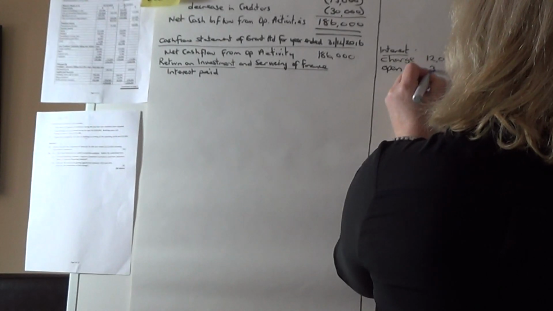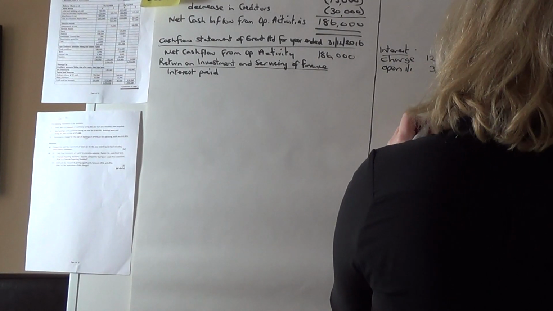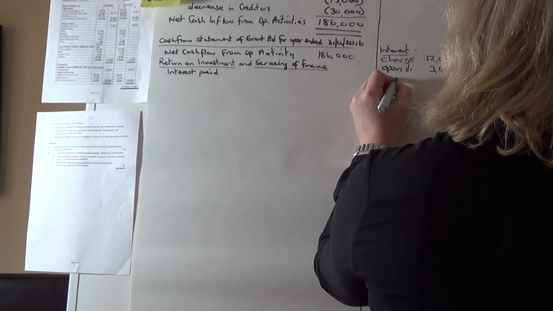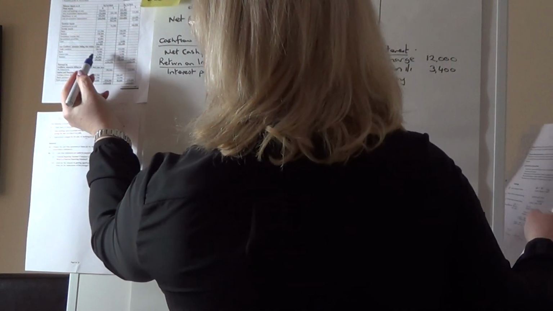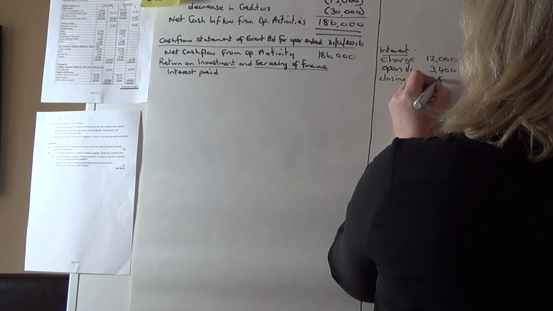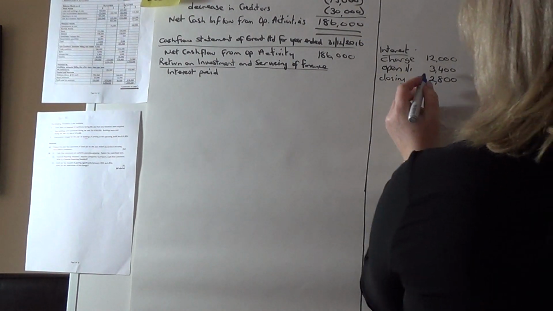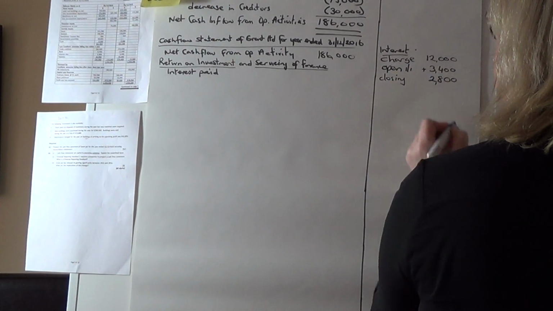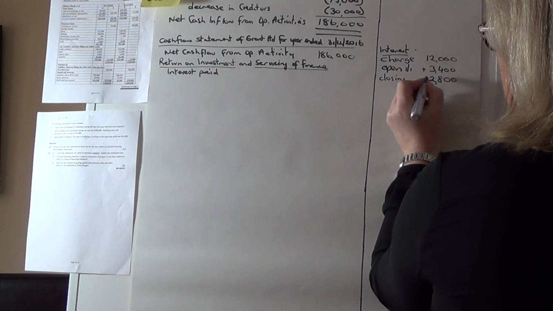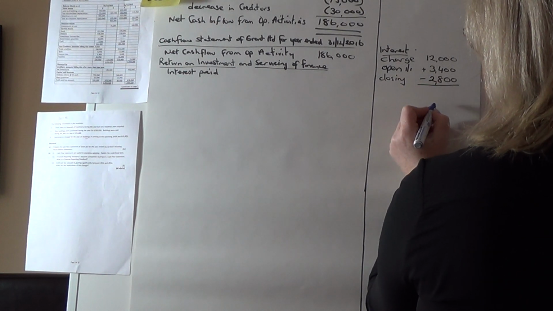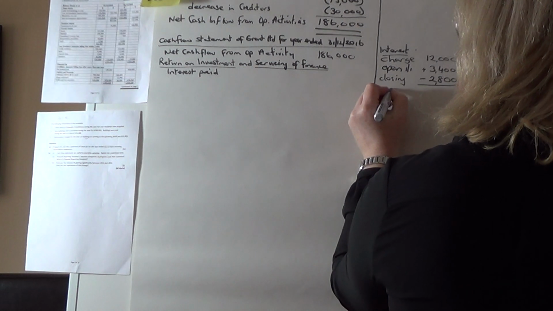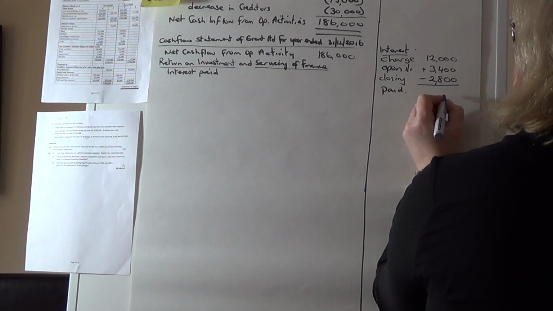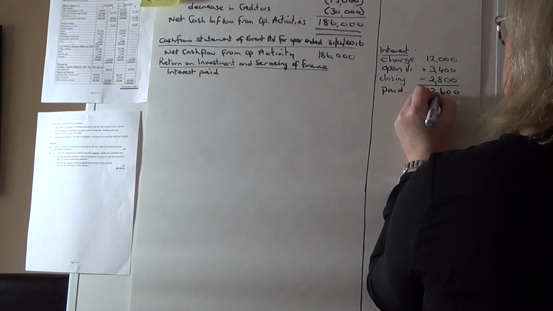So 3,400 was our opening, and we also have a closing interest due of 2,800. So we have to decipher then what we actually paid. So we add on the opening from last year and minus the closing at the end of this year to find what we've actually paid in interest. So our total there is 12,600.